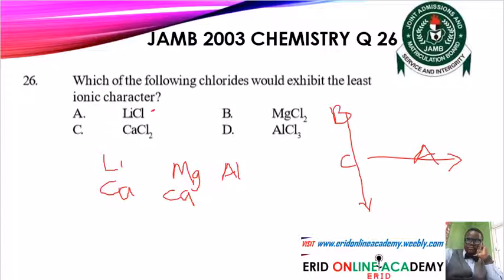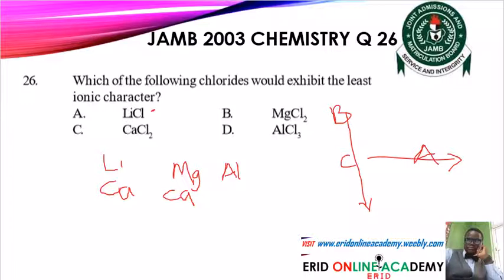So we would expect calcium to have a stronger metallic character than magnesium. But aluminium is in group 3 and in period 3.